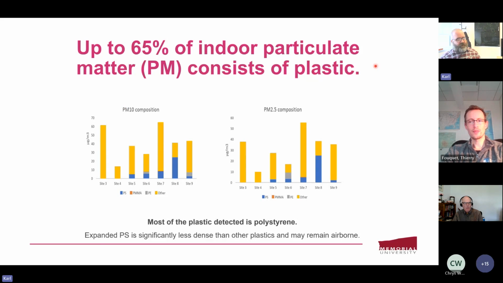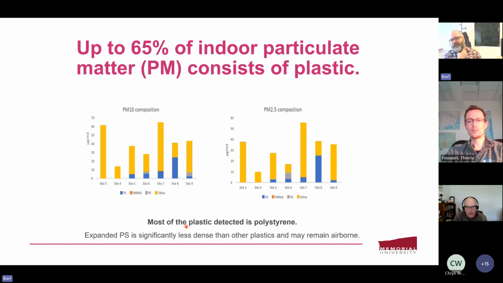This is a pretty high number, and it's largely driven by one sample. I admit that right away, but it does give an indication that plastic is maybe a significant part of particulate matter, if not the dominant part. We found in this preliminary study that most of the plastic detected is polystyrene, and that's really strange.